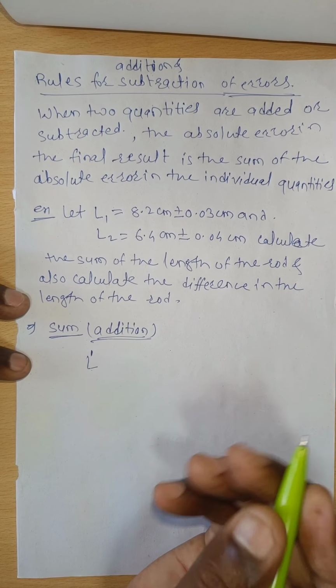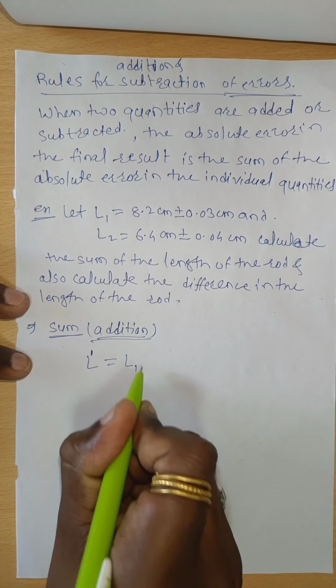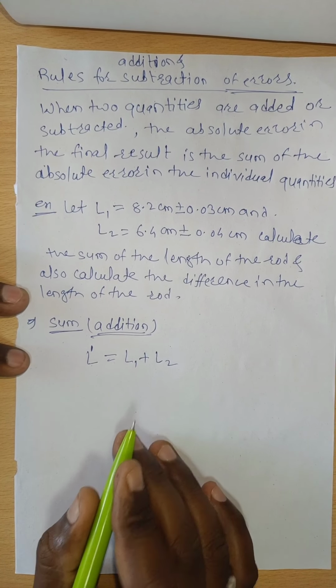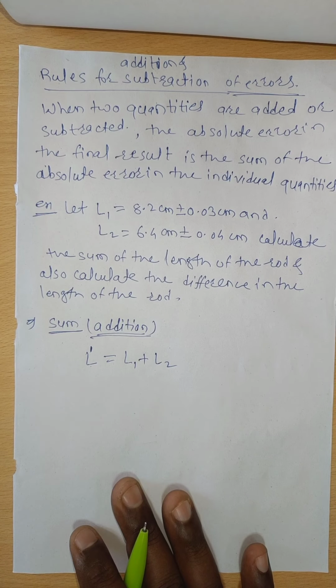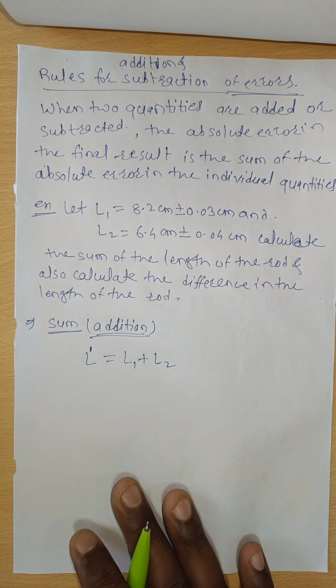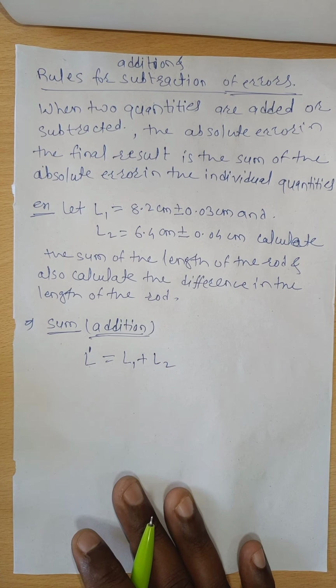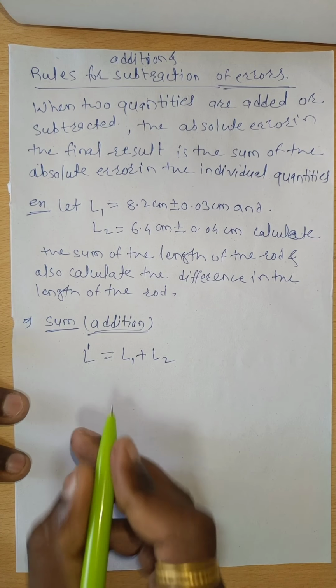Now, the total, we take as L prime, which is equal to L1 plus L2. In an addition, we have to add their mean or true values, and also add their absolute errors.